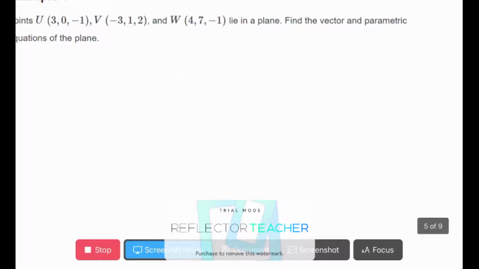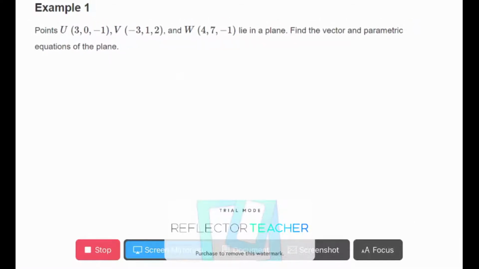What can we actually do with this? So we have example 1. Points U (3, 0, -1), V (-3, 1, 2), and W (4, 7, -1) lie in a plane. Find the vector and parametric equations of the plane.